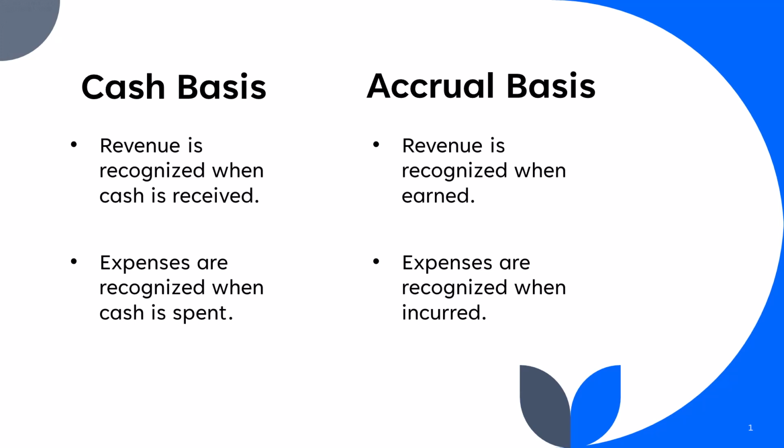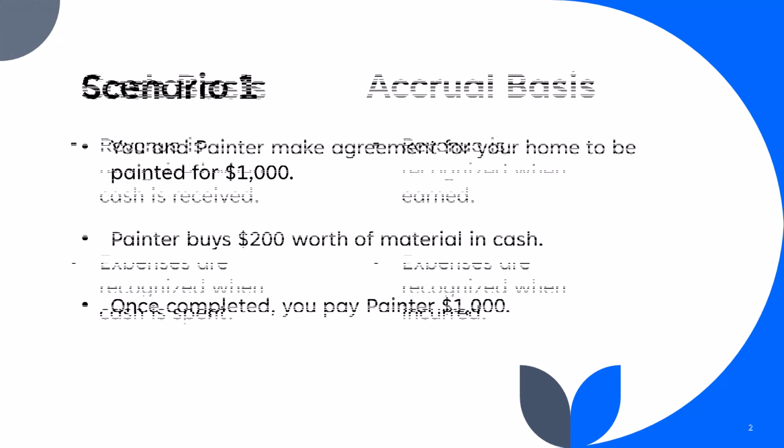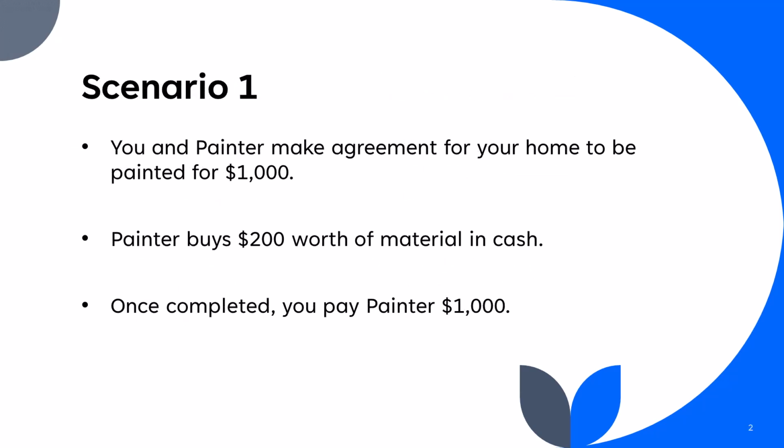So let's say you have a painter and the painter agrees to paint your house for $1,000. The painter goes and buys some material for $200 cash, and he comes back to your home, paints your house, and you give him $1,000.